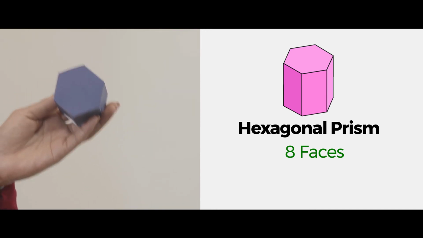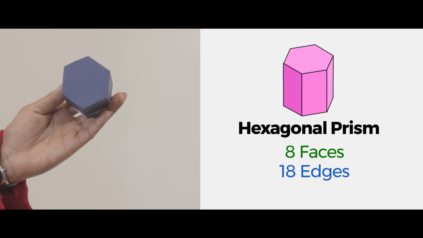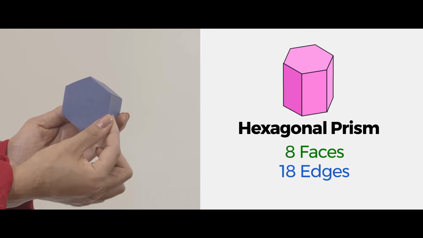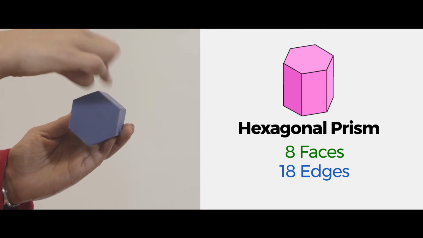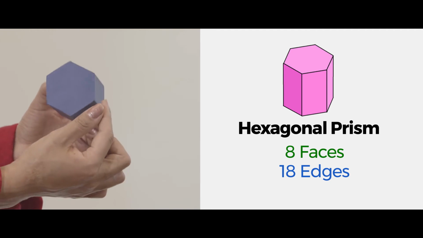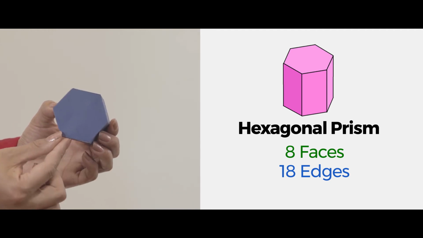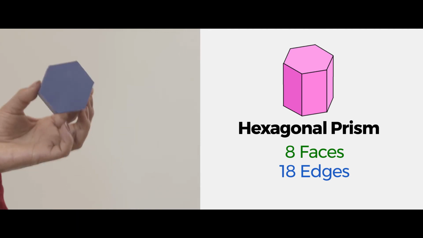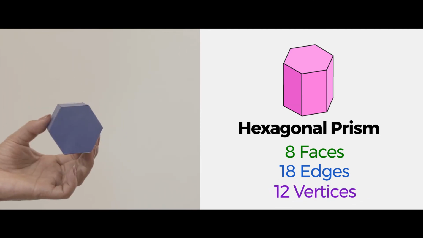A hexagonal prism has 18 edges. Now let's look at the vertices. 1, 2, 3, 4, 5, 6. Here, turn it over. 7, 8, 9, 10, 11, and 12. A hexagonal prism has 12 vertices.